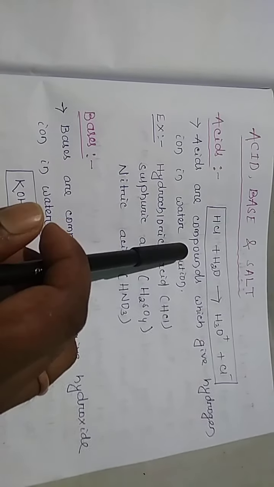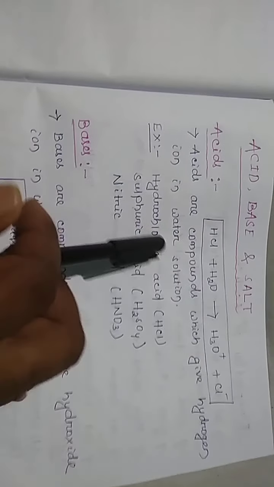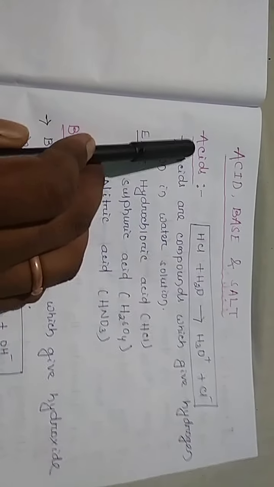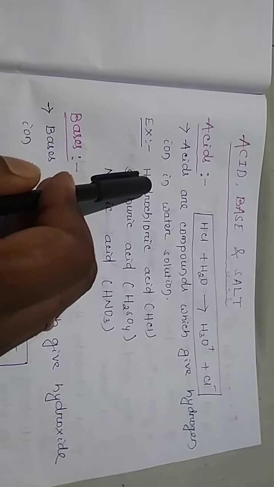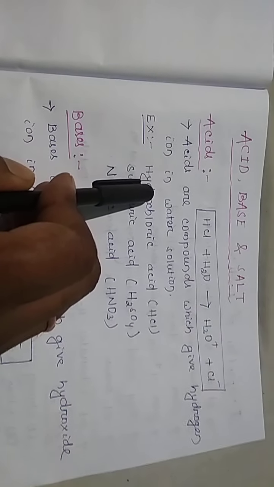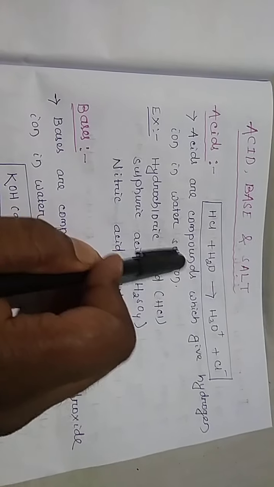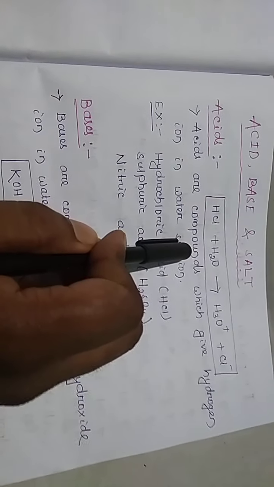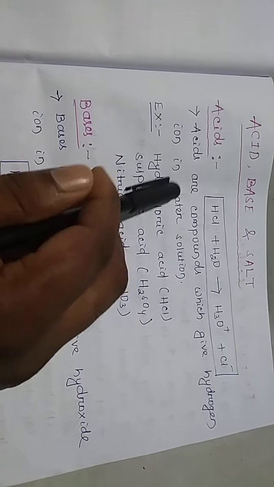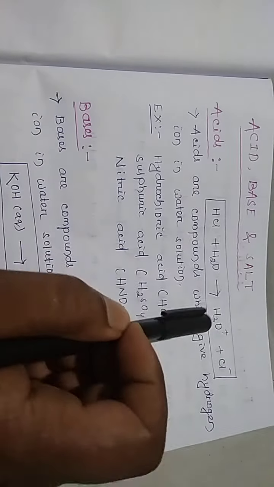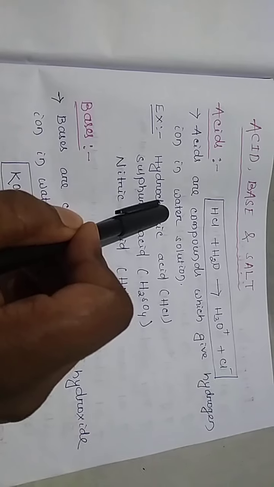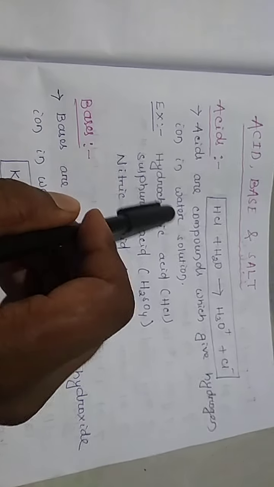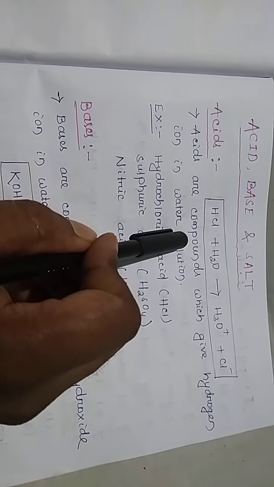Okay, so let's start. First is your acid. So what is acid? Technically we have to understand, in any compound, if the compound comes in contact with water solution and gives a hydrogen ion in water solution, then that compound should be regarded as acid.